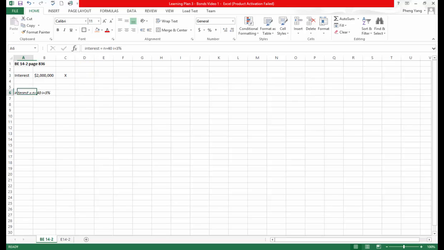If we look at table 4, our factor is 23.11477.